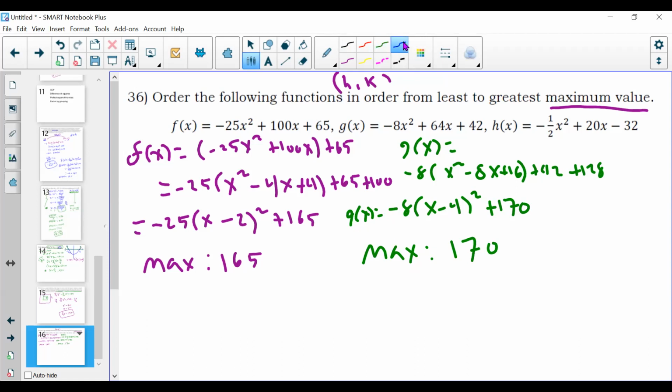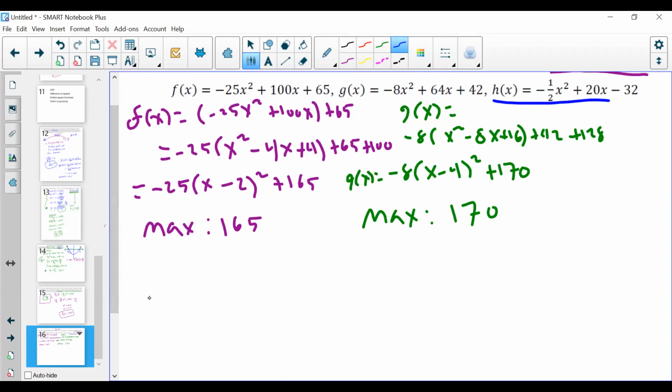Perfect. All right. Now we do the last one, h of x. So for h of x, do the same thing. Factor out -1/2. We'll put h of x there. Factor out -1/2. We're left with x squared minus 40x. Divide that by 2 and square it.